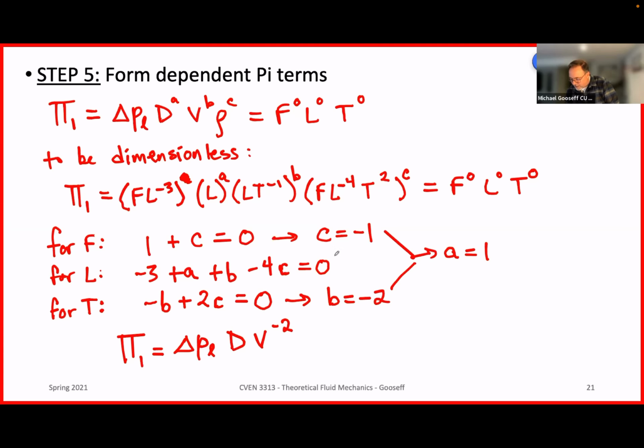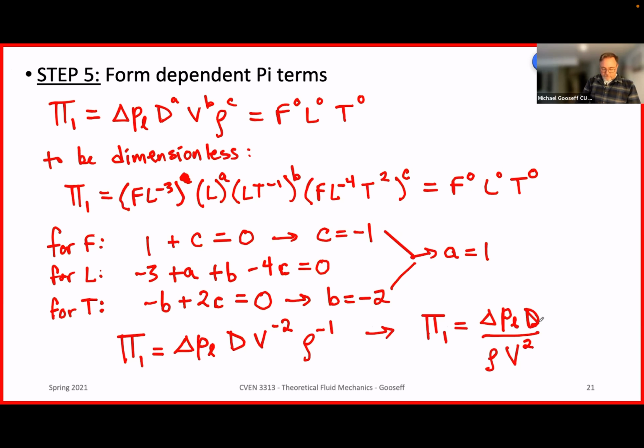C is a -1, so rho to the -1. Okay, now we could rearrange that such that essentially pi 1 is equal to delta PL times D divided by rho V squared. Okay, so that's our first dimensionless grouping.